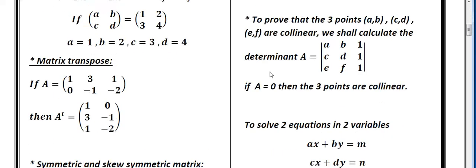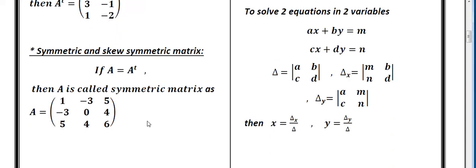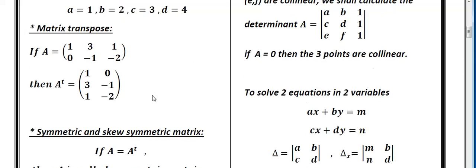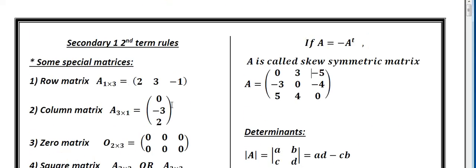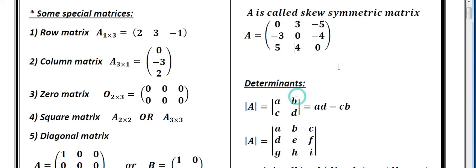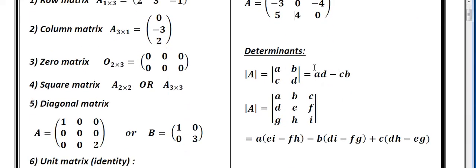In the symmetric matrix, negative 3 equals negative 3, 5 equals 5, 4 equals 4. But in the skew symmetric matrix, the diagonal will be 0, 0, 0, and the elements behind it will be negative 3 and 3, negative 5 and 5, negative 4 and 4, and so on.